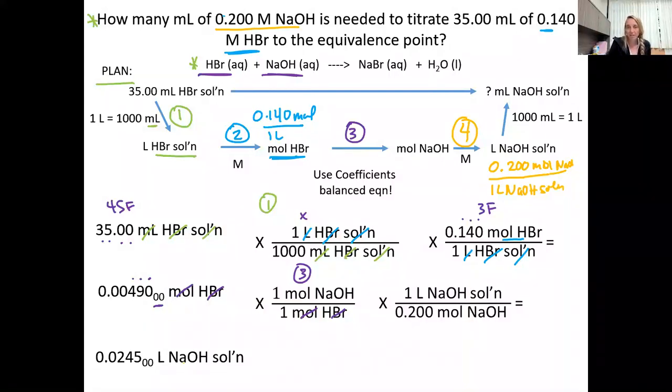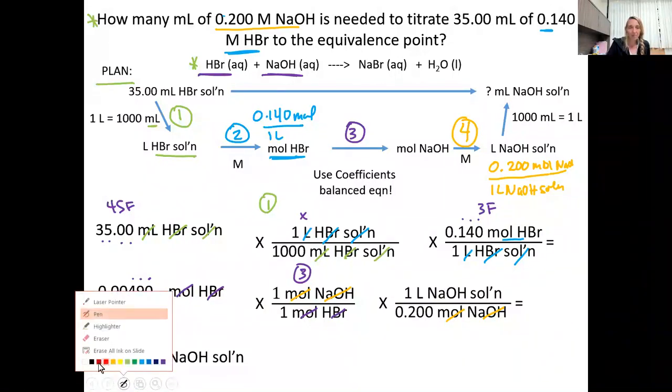Oh, I went forward. Because I have moles of sodium hydroxide at the top, I have to put moles of sodium hydroxide on the bottom. Anytime you have a ratio, you can write 1 at the top and 1 at the bottom. So my moles at the top cancel with my moles at the bottom, sodium hydroxide cancels with sodium hydroxide, and I'm left with liters of solution. Again, I'm going to multiply the top numbers, divide that by 0.2, and I get a number with, again, 3 significant figures, and I keep the other digits just to keep track.